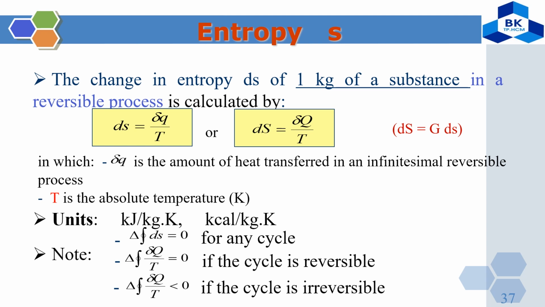So in this case, we have the integral of ds equal to 0 for any cycle. So if this one is bigger than 0, we have the reversible process. In case it's smaller than 0, we have the irreversible process. Okay.